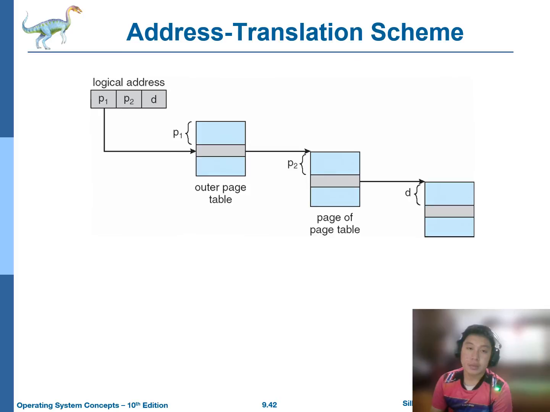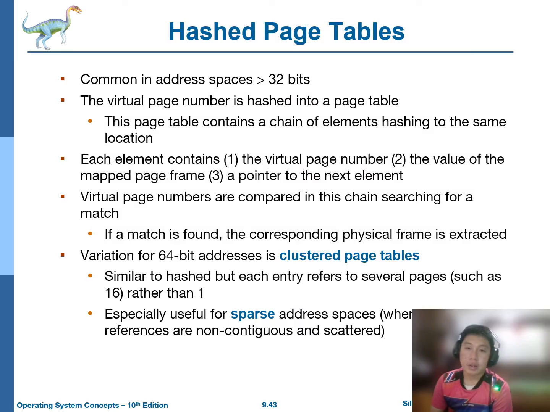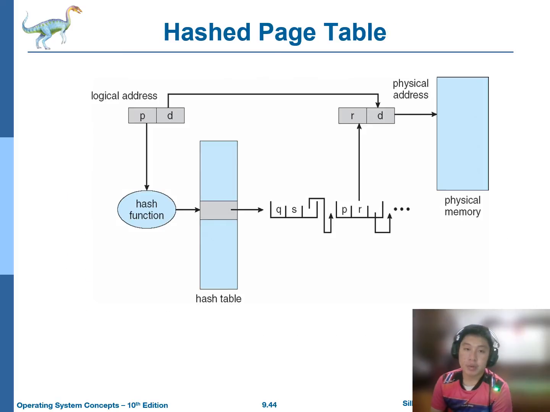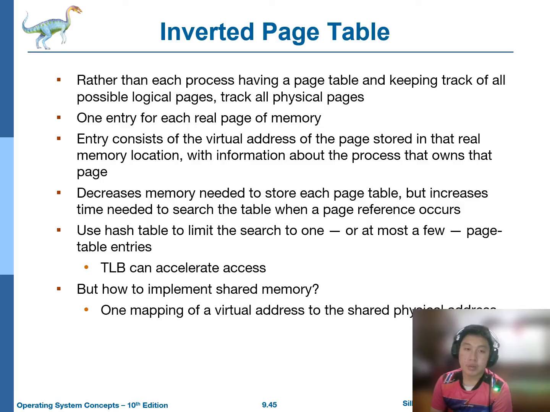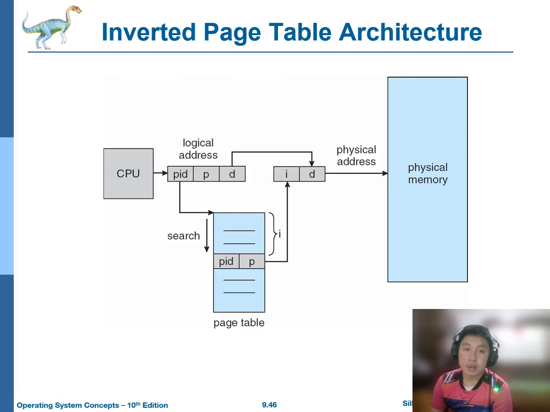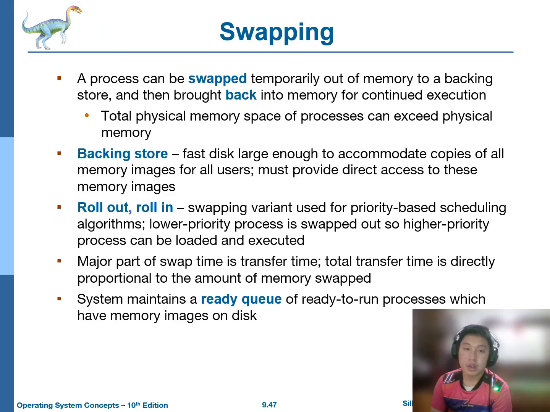Address translation scheme. For example, a 32-bit address with 20-bit virtual page number. Inverted page table: rather than each process having a page table and keeping track of all possible logical pages, track all physical pages. One entry for each real page of memory. But how to implement shared memory in inverted page table architecture?